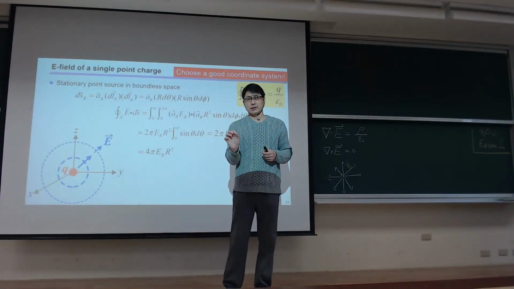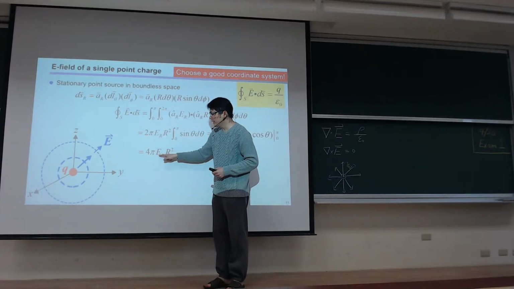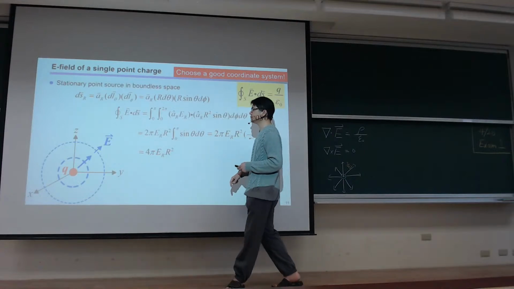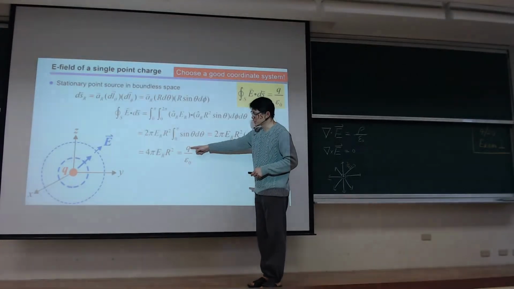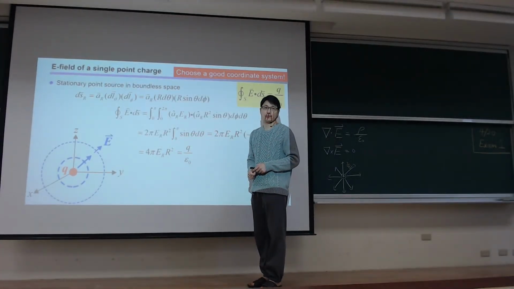So this is telling you the E field intensity amplitude is indeed related spatially, right? It is distance dependent. And that is equal to the charge contained divided by the constant.